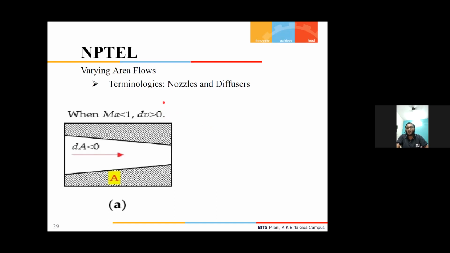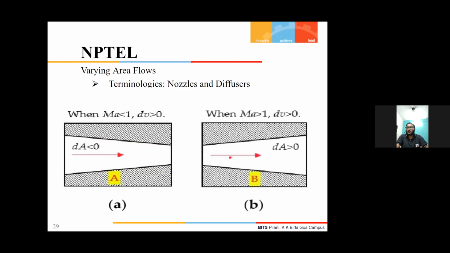In the first figure, in the subsonic region, this is the nozzle, where the area decreases, the velocity at the exit is greater than the inlet velocity, and the pressure decreases. In the supersonic condition, the velocity also increases and the pressure decreases, but the area is increasing.